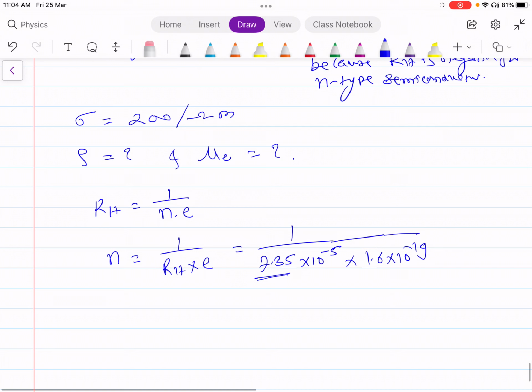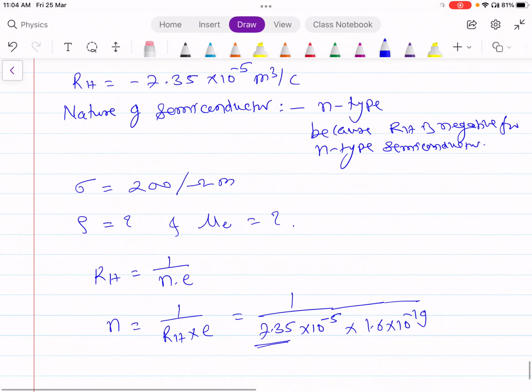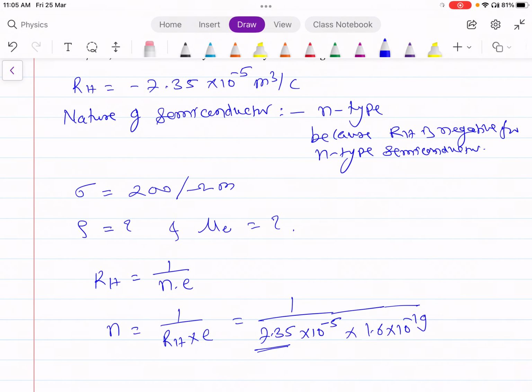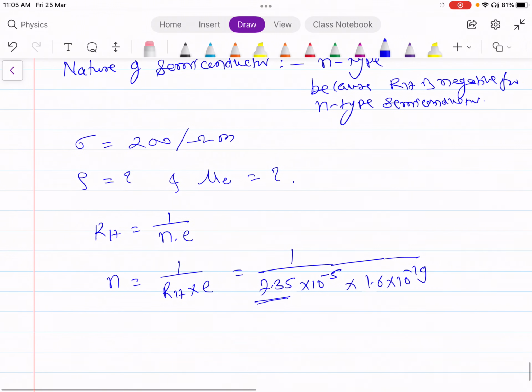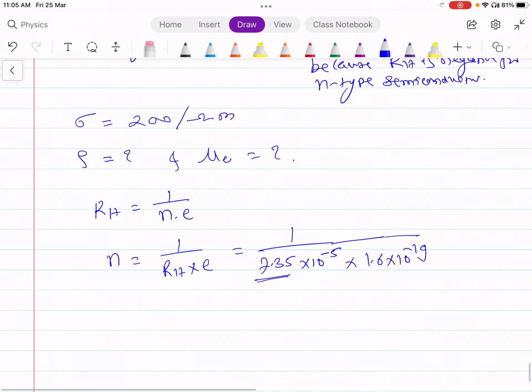Here I have not considered negative sign of RH. Negative sign of RH just indicates whether it is a p-type semiconductor or n-type semiconductor. You don't have to consider that polarity in calculations. So this is equal to 1 upon 11.76 into 10 raised to minus 24.